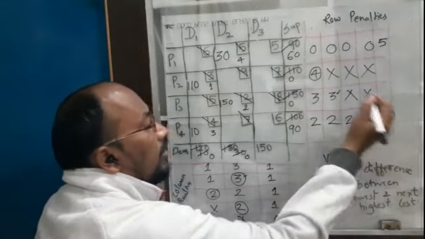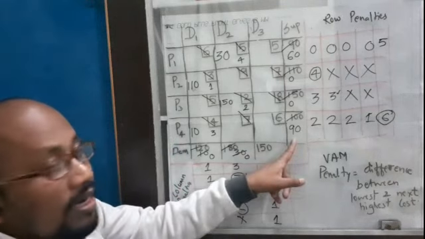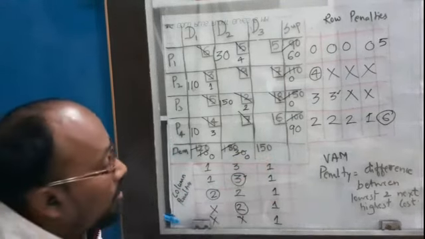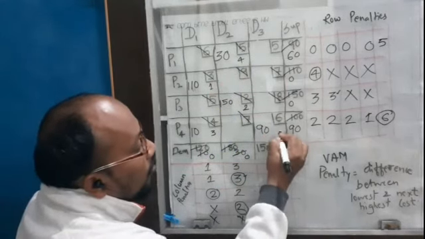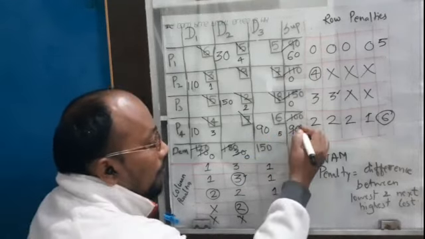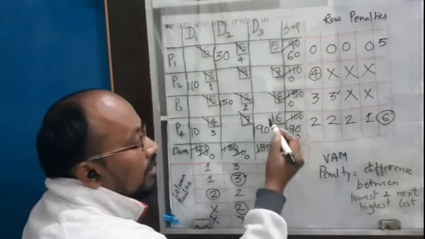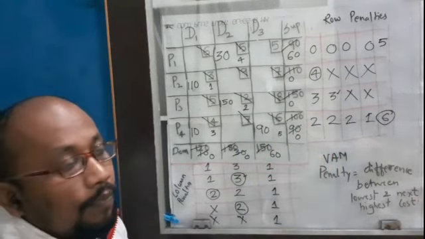So we will select this particular row. How much can P4 provide? 90. How much does D3 require? 150. Okay guys, so the minimum is 90. This is my fifth allocation. So it will be 0, and it will be 60. Since supply is exhausted, we will cut that particular supplier.